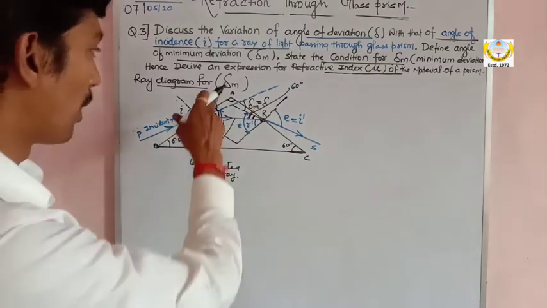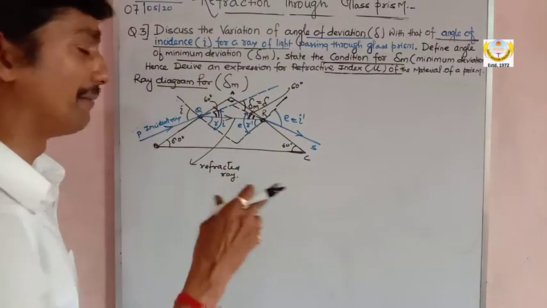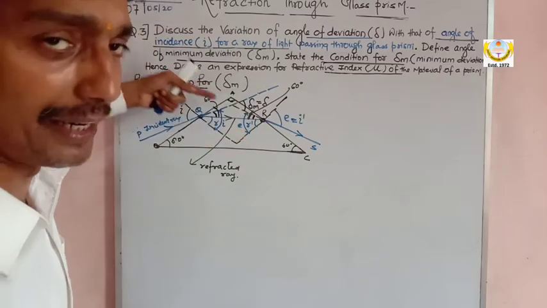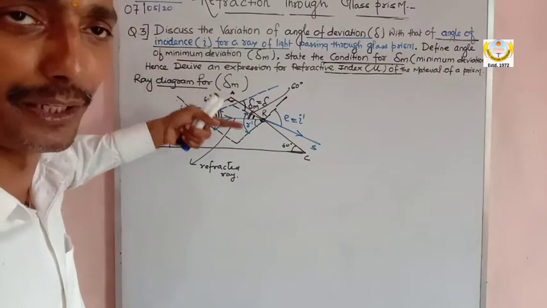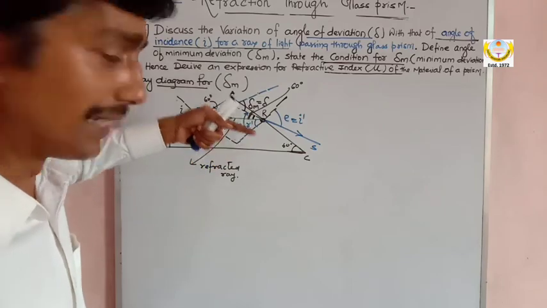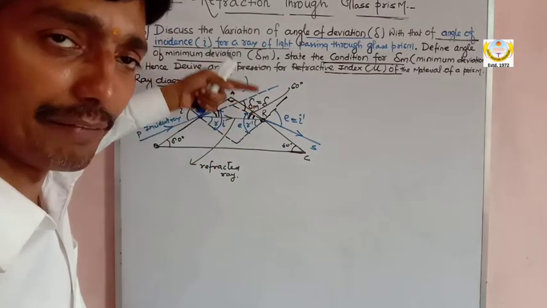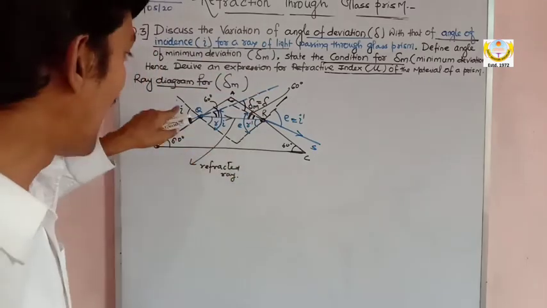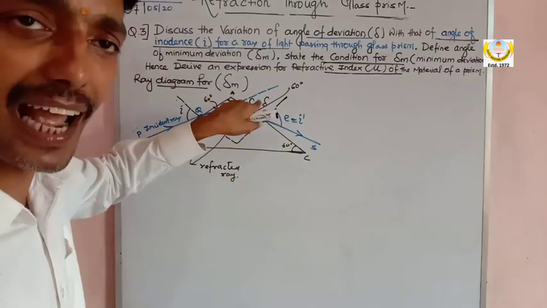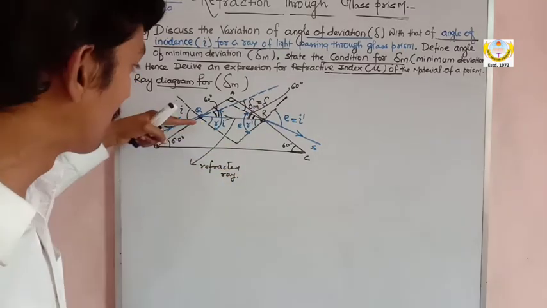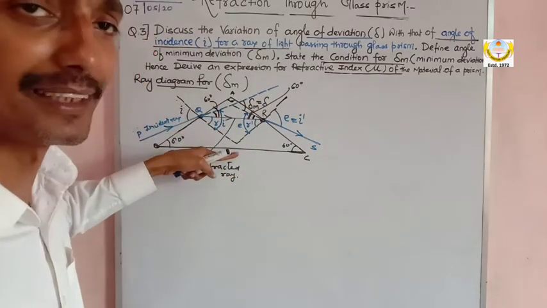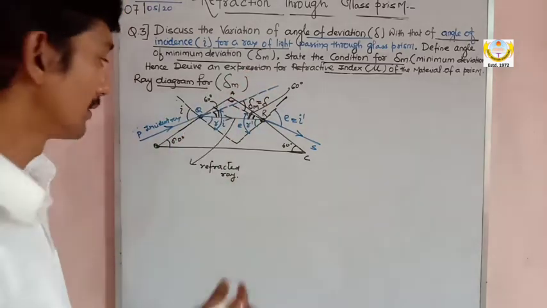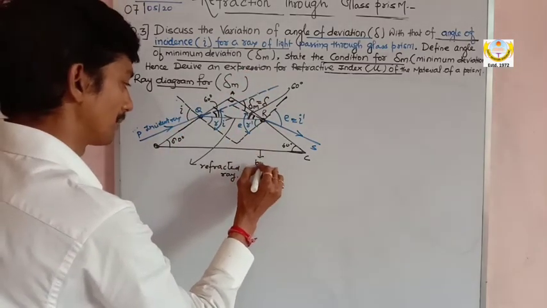Whenever you draw the ray diagram for minimum deviation, take care your refracted ray should not bend towards the base. No, it is bending towards the base. That is the property of a prism: the refracted ray inside the glass bends towards the base. Okay, fine. But when I and E are equal, that is at delta M, at minimum deviation, the refracted ray will be parallel to the base of the prism according to the geometry of the figure. So here it is the base of the prism.